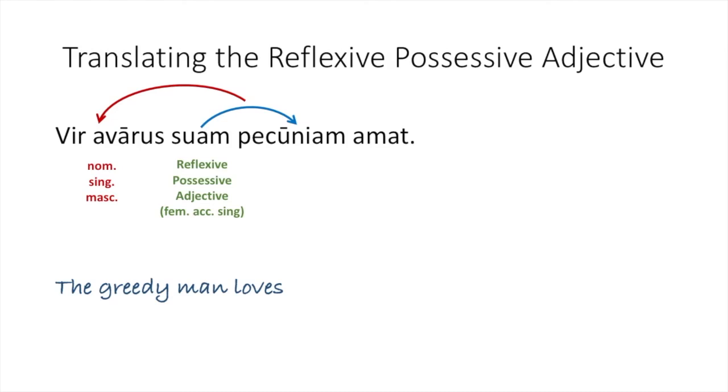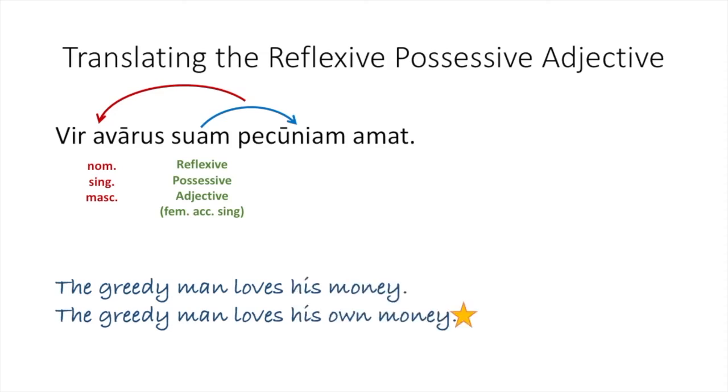And what is the greedy man doing? The greedy man loves. And what does the greedy man love? Well, the greedy man loves suam pecuniam. And we can translate that in one of two ways. We can say the greedy man loves his money, or the greedy man loves his own money.